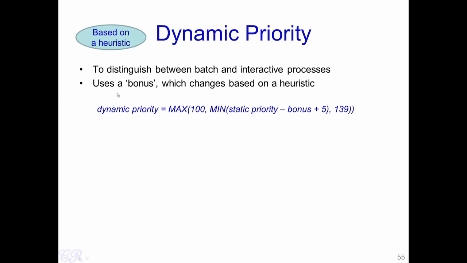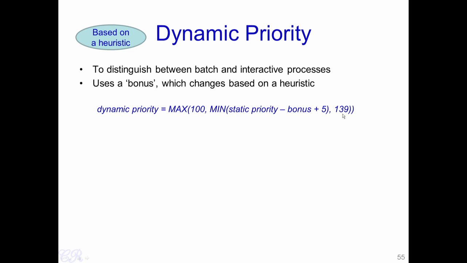The scheduler takes the static priority, which is either 120 by default or the priority based on the nice value, subtracts something known as a bonus and adds 5. It takes the min of this value and 139, and then takes the max of 100 and that value.